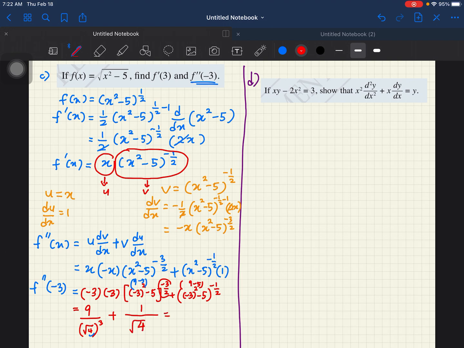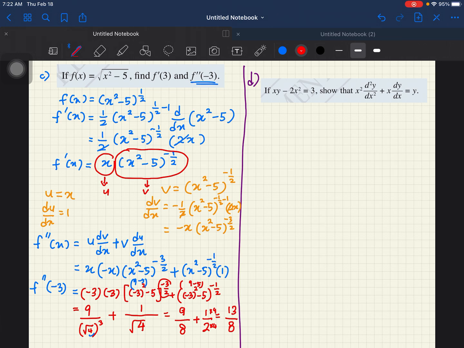Okay. So you get 9 per square root 4 adalah 2. 2 kuasa 3 adalah 8. Tambah 1 per 2. So kamu akan dapat jawapan dia berapa tu? 13 per 8. Right? Okay. Itu baru F double prime negative 3.